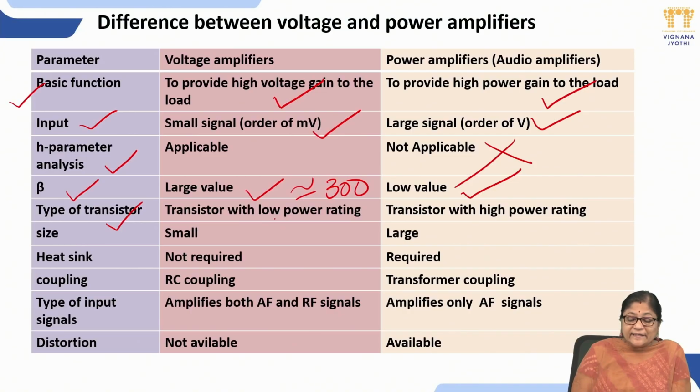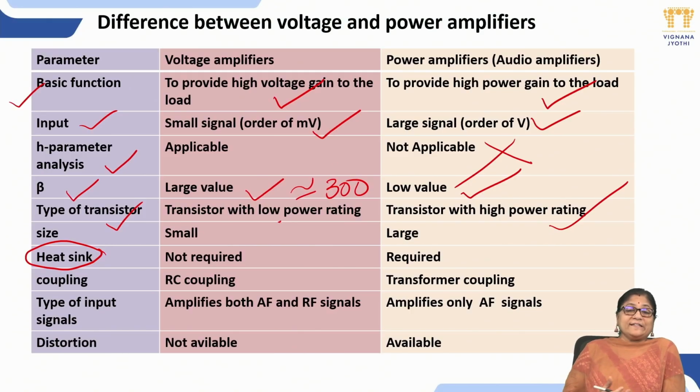Then coming to the transistor, what type of transistor is used? Transistors with low power rating are used for voltage amplifiers, and transistors with high power rating for power amplifiers. Then there is one special component which is known as a heat sink, because power amplifiers deal with larger amounts of power. Similarly, the heat generated also will be large. So that heat has to be taken out of the circuit. It's known as heat sinks.